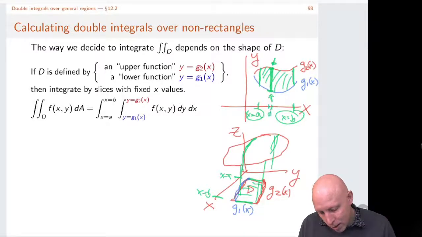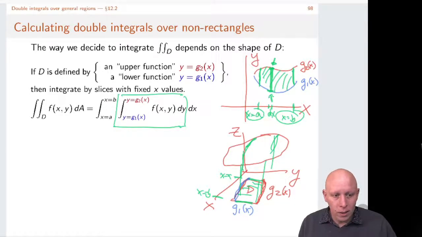So we're going to first set up an integral with respect to y, and that integral with respect to y is going to be nested inside an integral with respect to x.